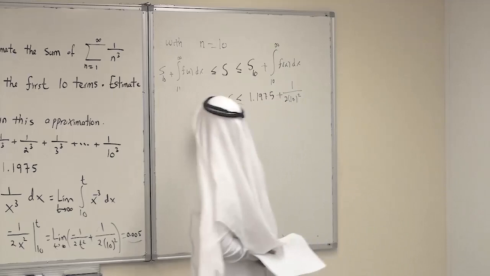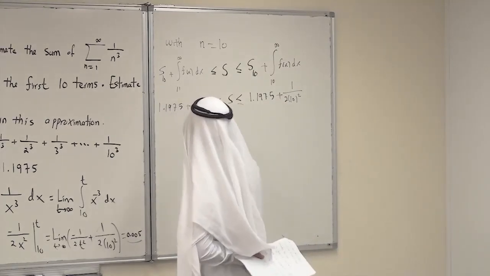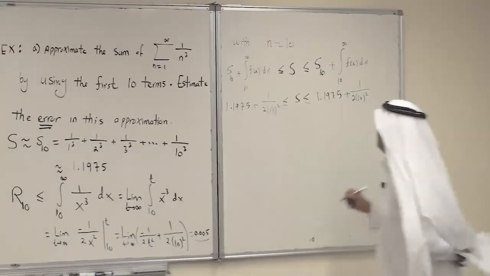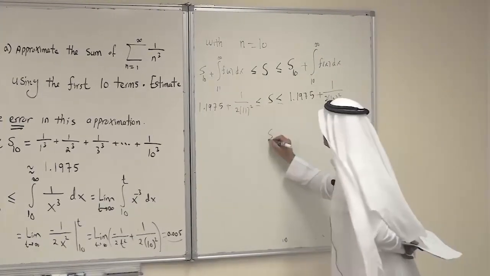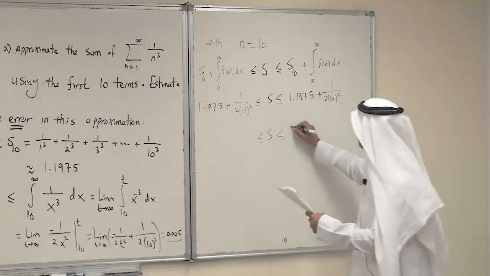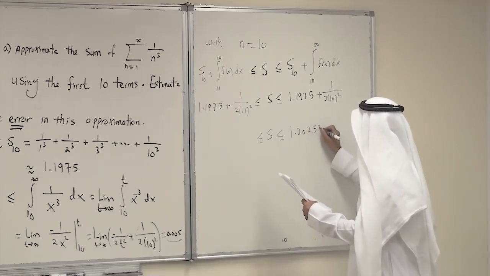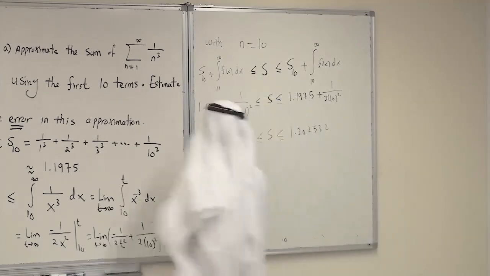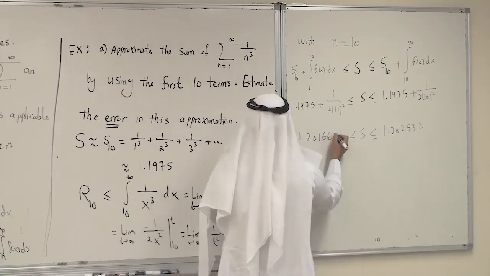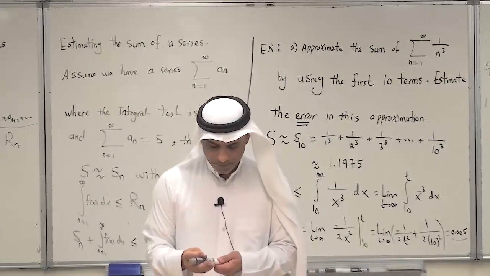So we have 1.1975 plus 1 over 2 times 11 squared. You can calculate this, so the sum is less than or equal to 1.2025532 and greater than or equal to 1.201664. So, what is the conclusion now?